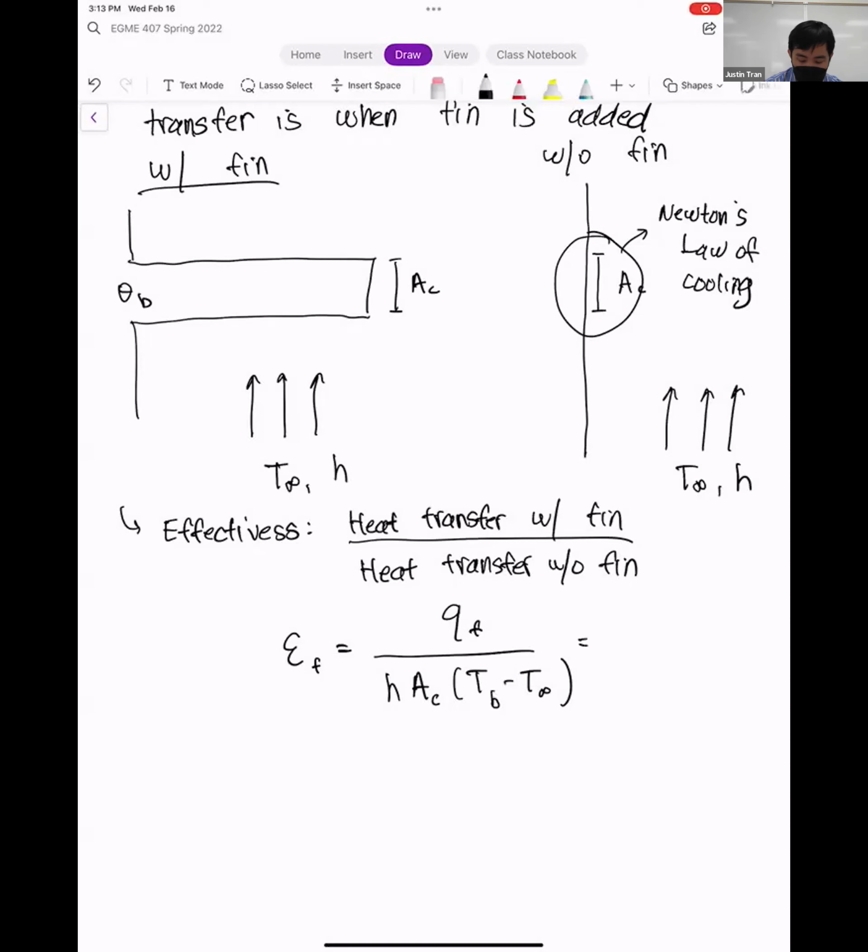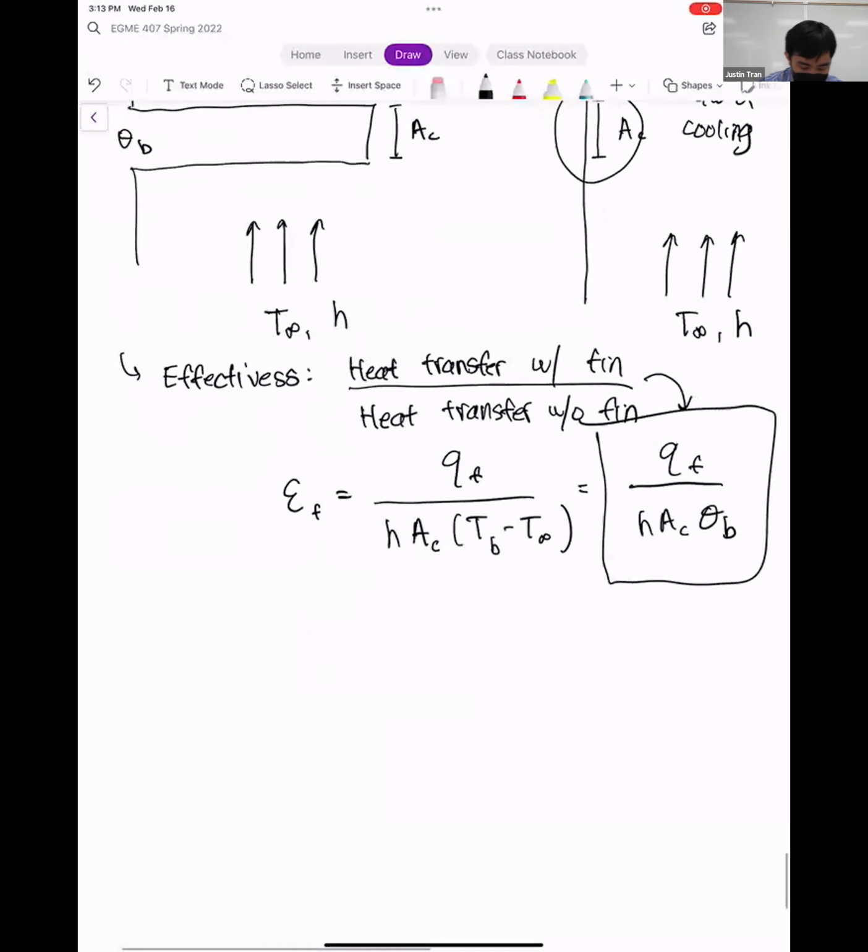But we can put this T base minus T infinity in terms of theta, just because we're computing it anyway. And so one formula for the effectiveness is Q_F divided by h A_C times theta_B. And so this formula implements exactly what this definition for effectiveness is, okay? And in order for your fin to be effective, at the very least, it should be above 1.